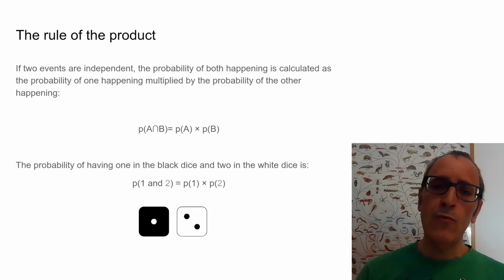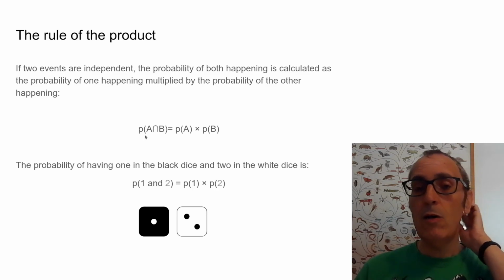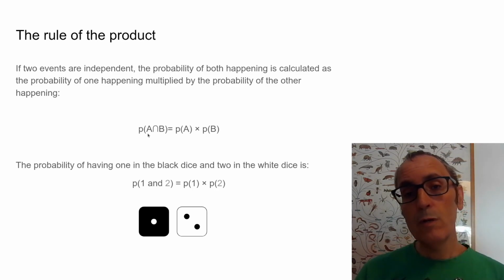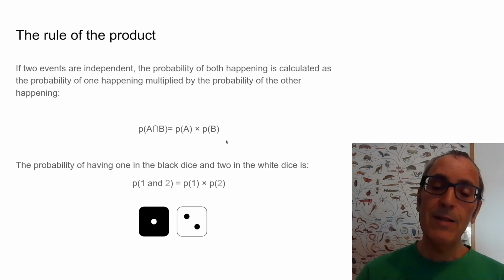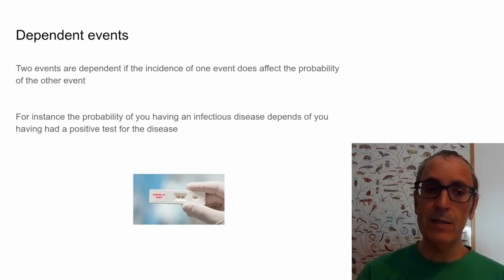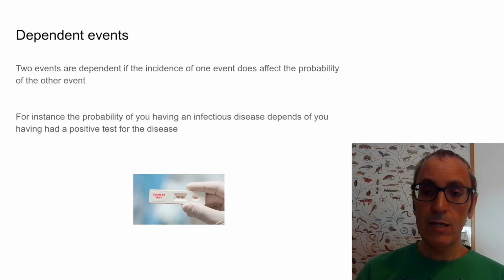The rule of the product means that the probability of two events happening is just the frequency of one event multiplied by the frequency of the other event. But this is only true if they are independent. There are many events that are not independent.